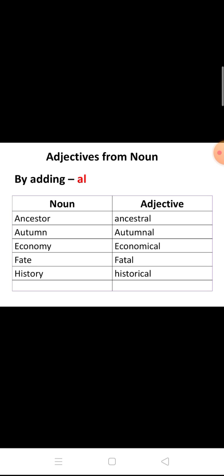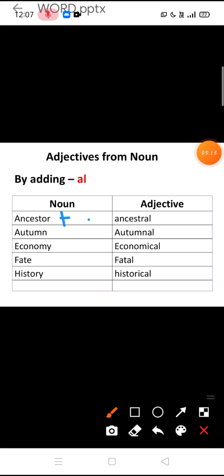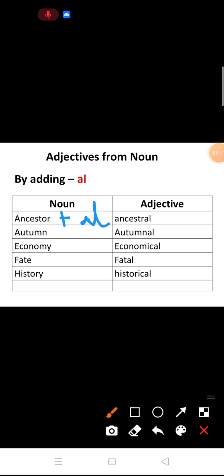These are the noun words. By just adding al as a suffix to it, it becomes adjective. If we add al to this word, it becomes ancestral.